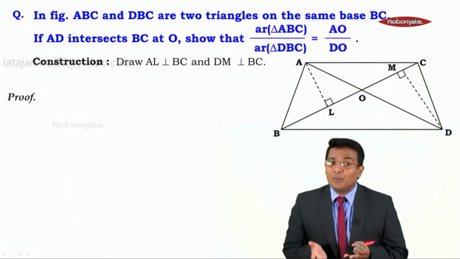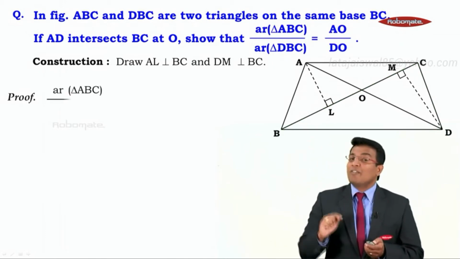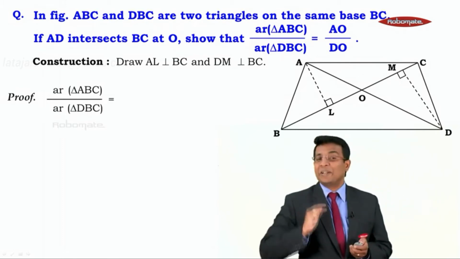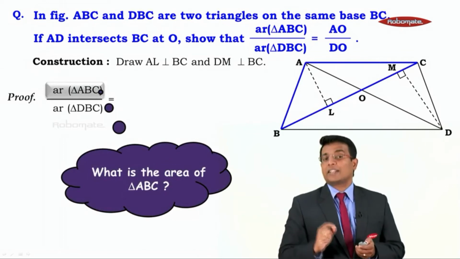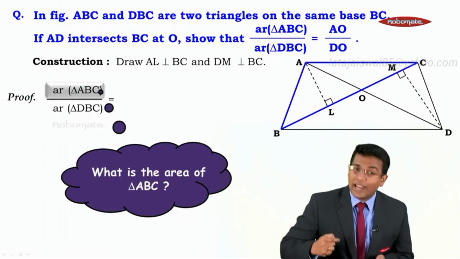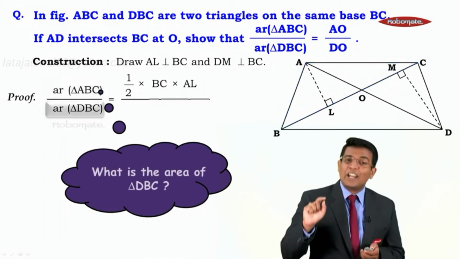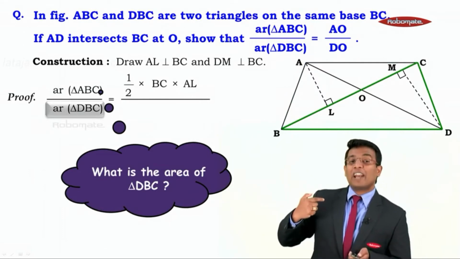Now why did we do this? Because we want area of a triangle. So students, we're going to consider area of triangle ABC upon area of triangle DBC. So for that, first, what is area of triangle ABC? It is half into base into height. That means it is half into BC into AL. Same way, what is area of triangle DBC?